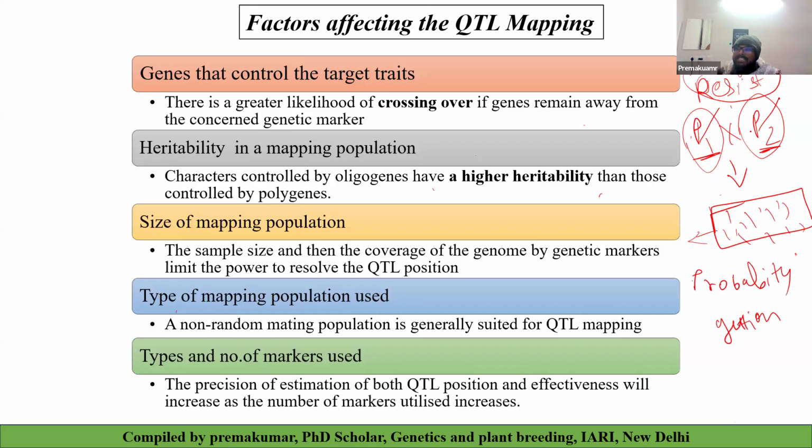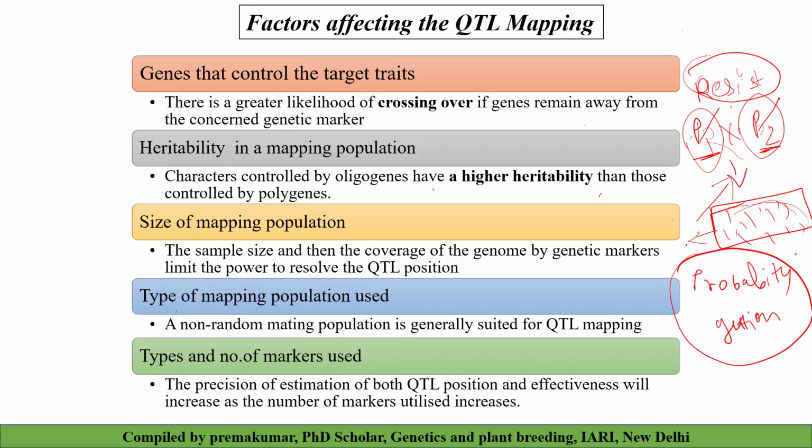You are crossing highly resistant and susceptible parents. They have resistant alleles and susceptible alleles. They will recombine and give recombinant individuals here. Is the probability of identifying the QTL for resistance high or low in this particular population? High. Then power is high. The power of identifying the QTL is very high.